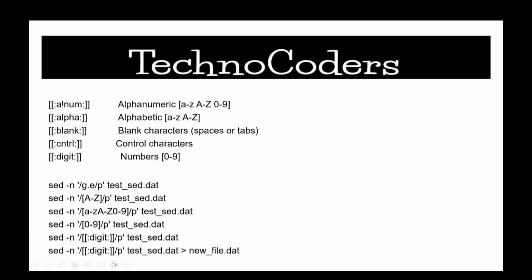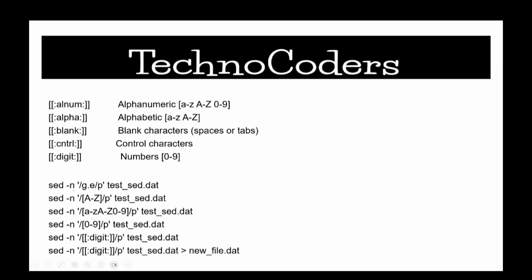For example, if I write double brackets, colon, alnum, colon and close with two brackets, this is equal to searching A to Z and 0 to 9. It means anything alphanumeric will be returned. In the same way, alpha will return alphabet characters, blank will return spaces or tabs, cntrl returns control characters, and digit returns 0 to 9. So passing this or this is equal, and that way we can also check.